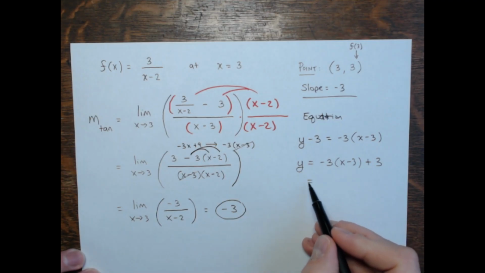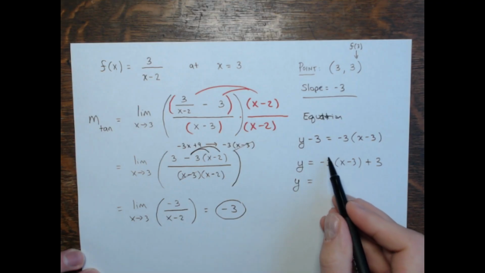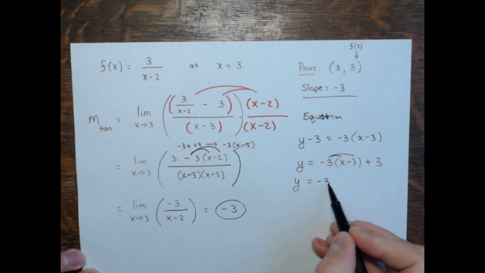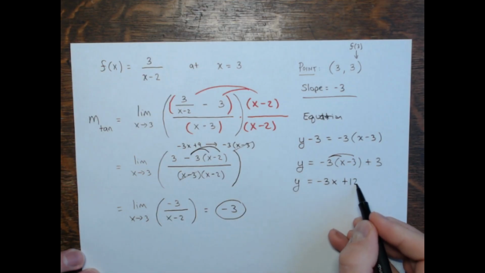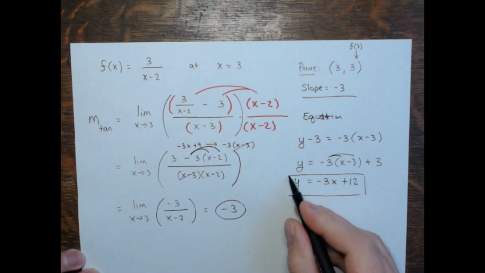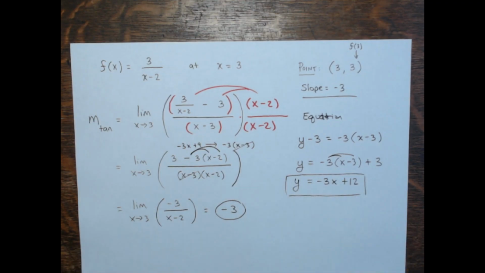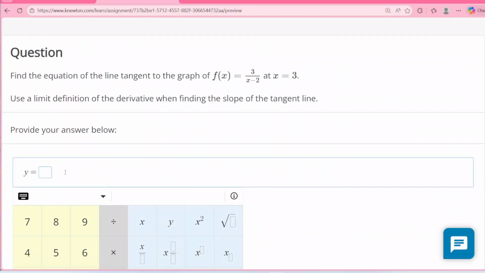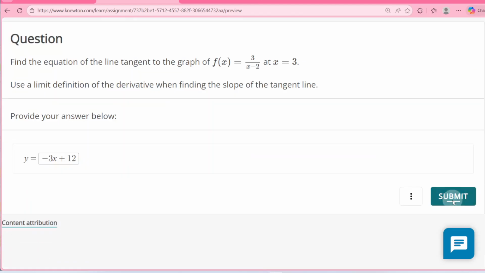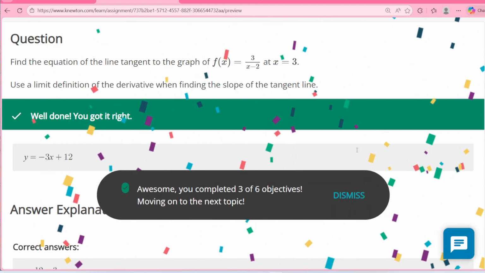But this one's not so bad, there's no fractions or whatnot. So I'll distribute the negative 3. That'll be negative 3x, and then plus 9 plus 3 for plus 12. So there's the equation of the tangent line in slope-intercept form: negative 3x plus 12. Cool. All right, so those are done.